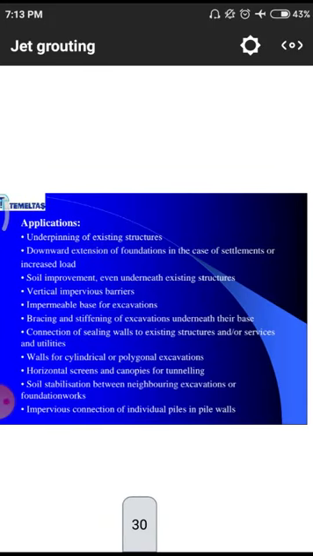And these are some of the applications: underpinning of existing structures. Next one is downward extension of foundations in case of settlements or increased load. Next one is soil improvement when the structure is underneath existing structures.